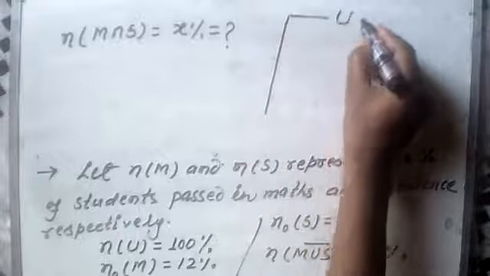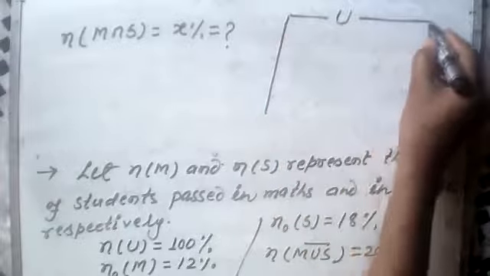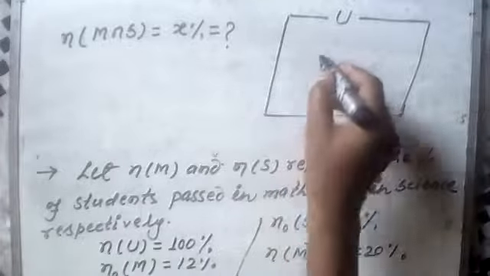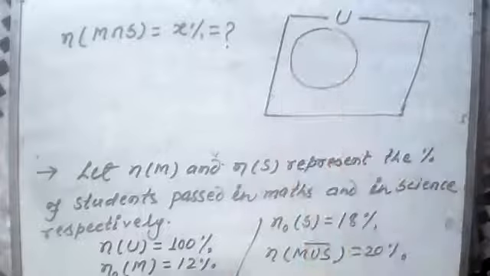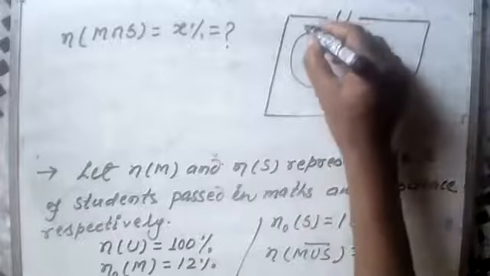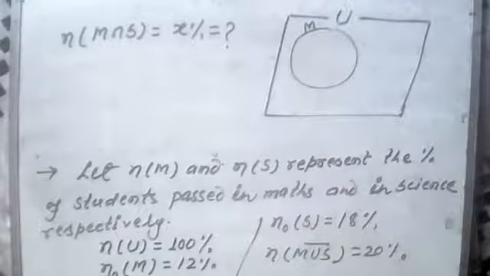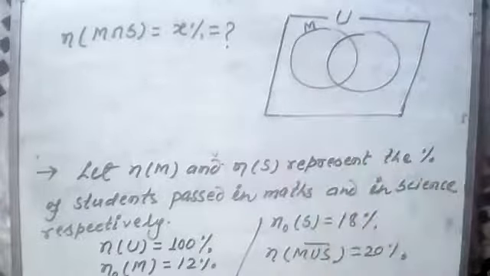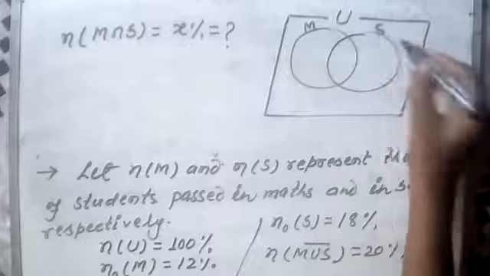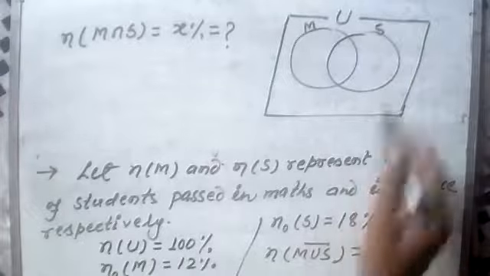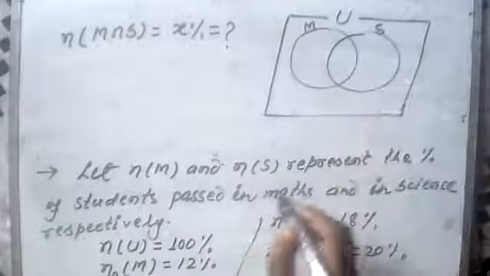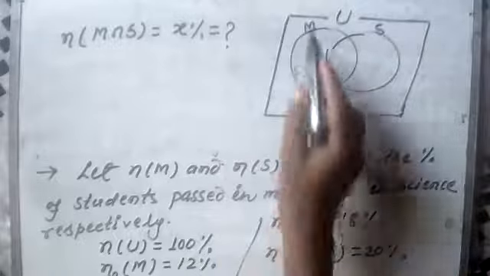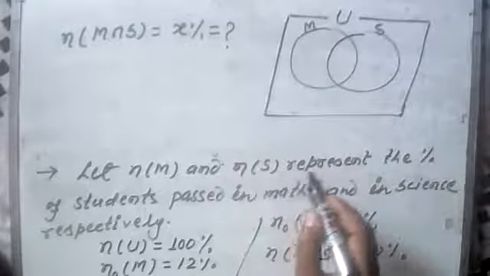This U represents the total number of students in the survey, or the total percentage of students in the survey. This M represents the set of students who passed in maths, and this S represents the set of students who passed in science, and this is both. Now we write the given information here in the Venn diagram.